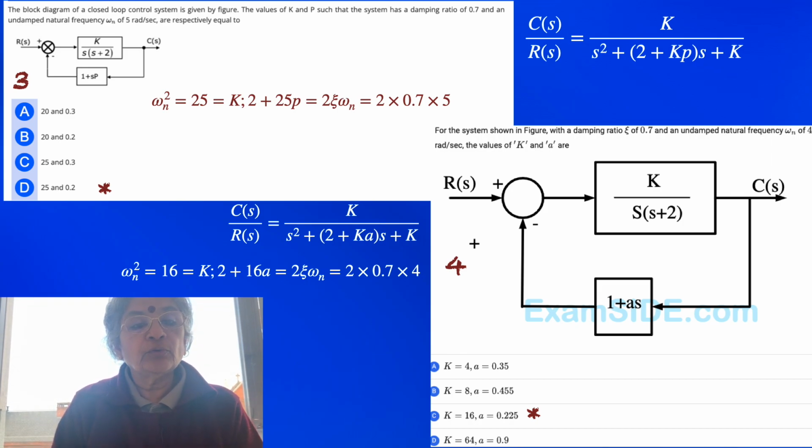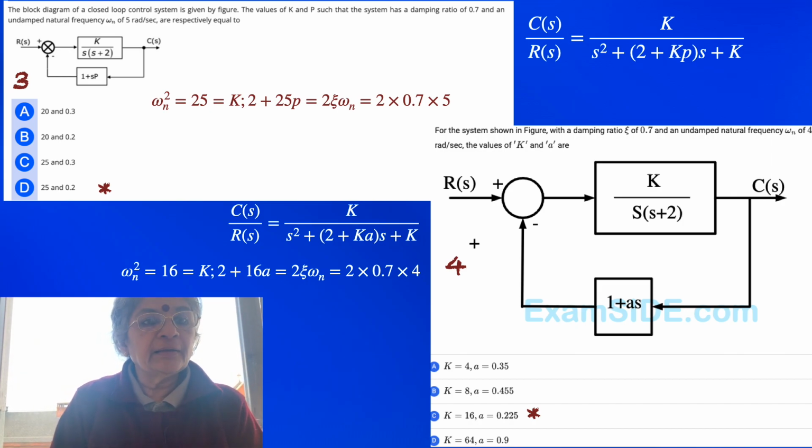Similarly, 2 plus kp, or 2 plus 25p, is the same as 2 eta omega n, and omega n is equal to 5, and eta is equal to 0.7. So 2 into 0.7 into 5 is equal to 2 plus 25p. So p can be easily solved as equal to 0.2.